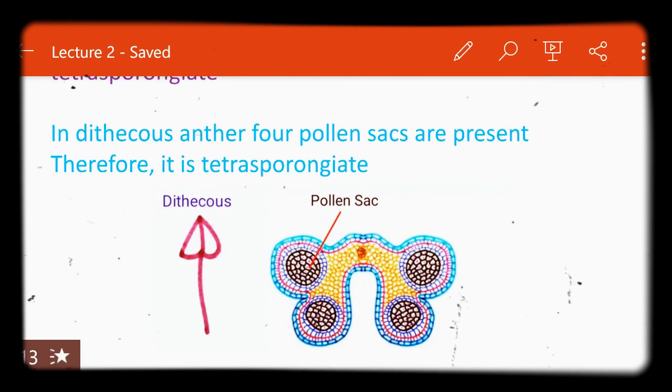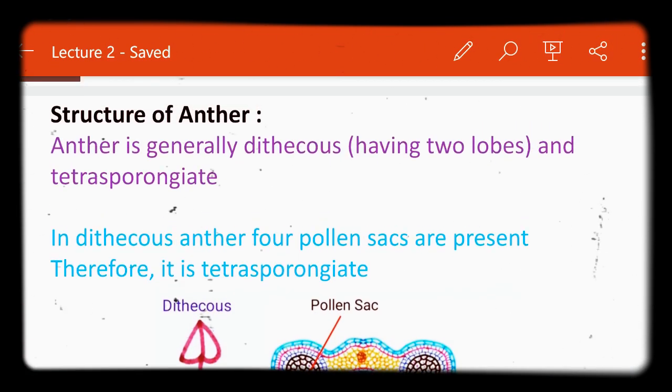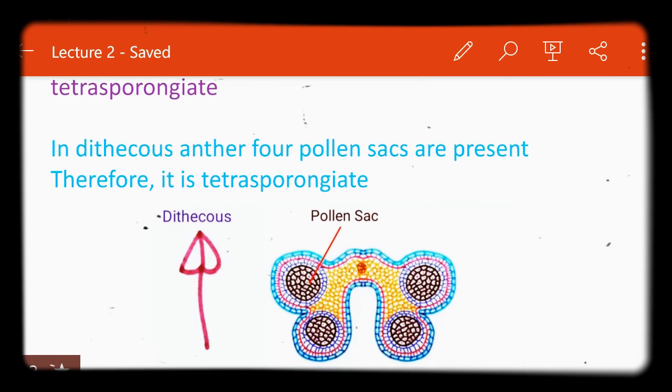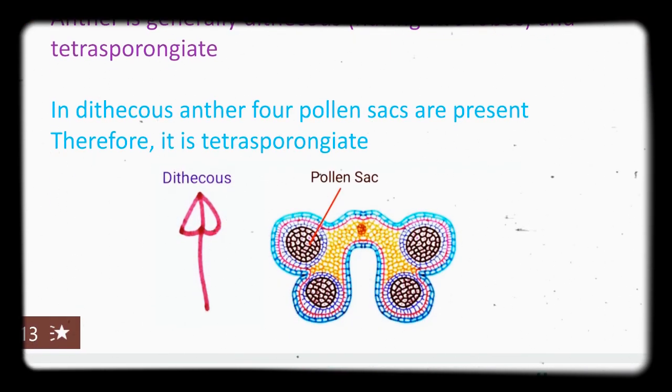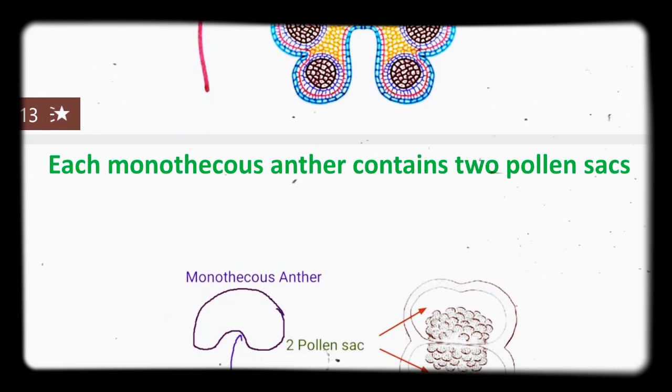It is also tetrasporangiate. Tetrasporangiate means it shows four pollen sacs, because tetra means 4. Because of the 4 pollen sacs in the anther, it is called tetrasporangiate. In the dithecous anther, 4 pollen sacs are present, therefore it is tetrasporangiate.